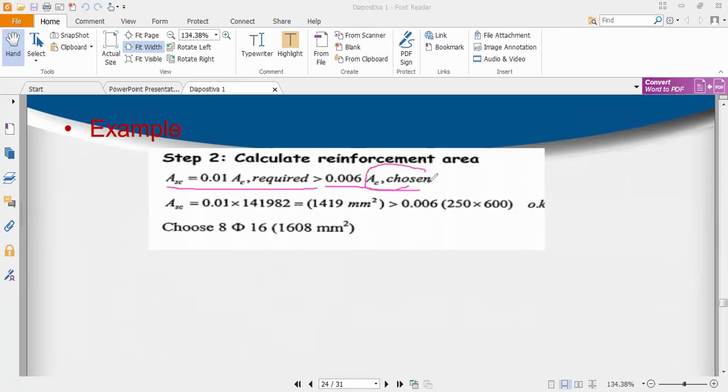Area C choosing, what is the value? This value is maintained, it's constant, 0.006. Area steel required: if this value is bigger than this value, it's okay. We can choose this from the table.